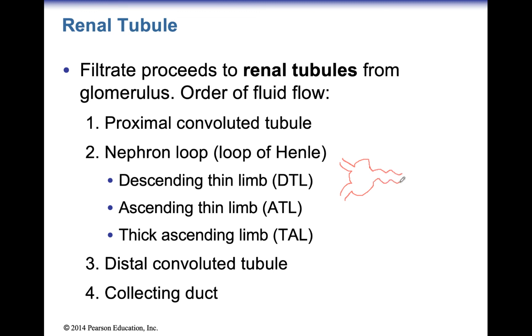All right, so what I'm drawing here is a glomerulus. There is your glomerulus. The outer region is the capsule. And then we're going to draw a series of loops and lines, and I'm going to label them all for you and show you what each of them is.